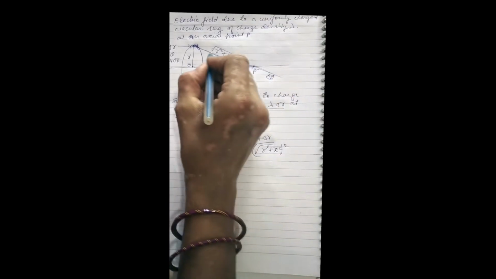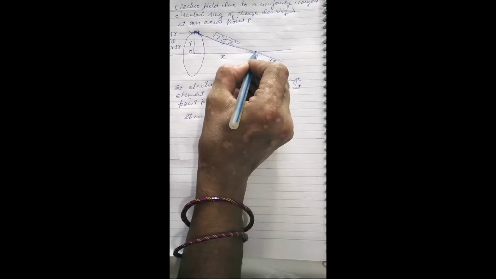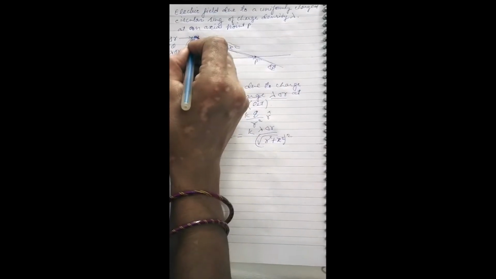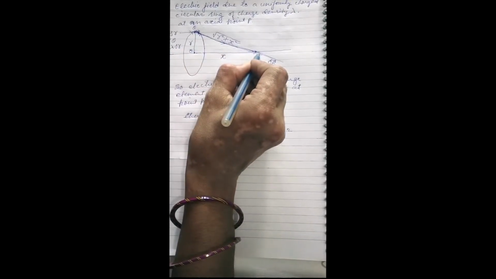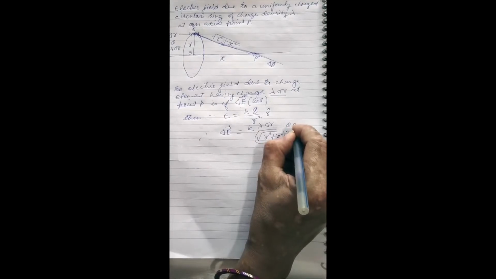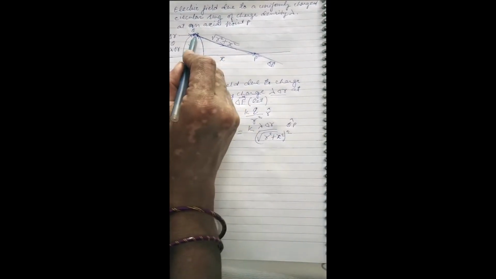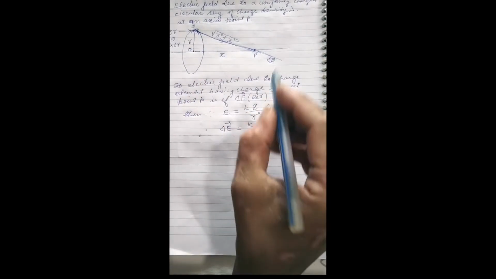Now we will be giving the unit vector along this direction. Here is a point P. Let me take another point Q. So the unit vector along this direction can be written as QP cap because it is initiated from Q and ends up at P. So QP cap.